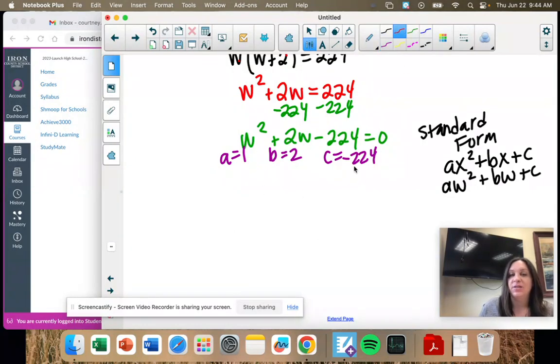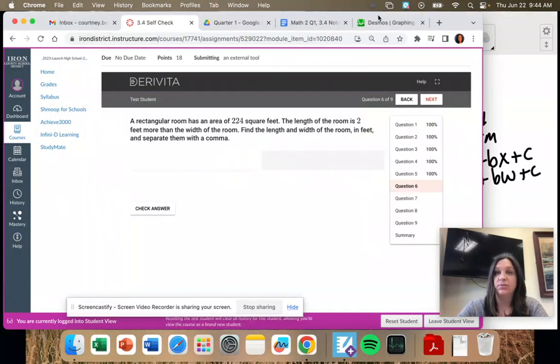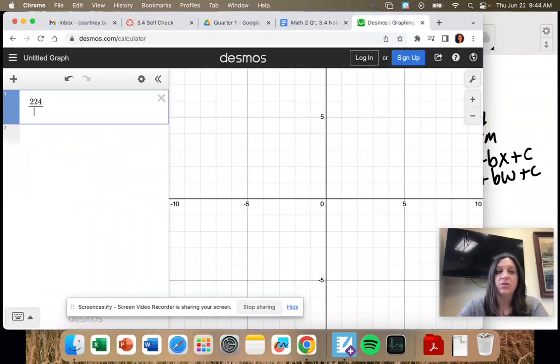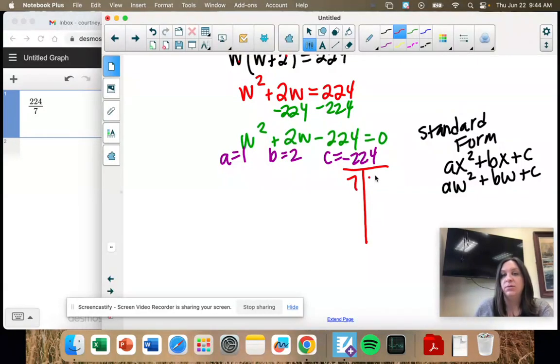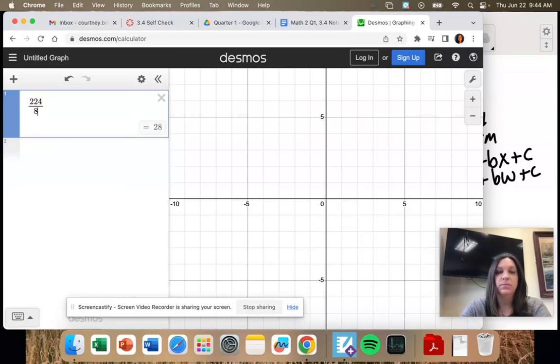We like when a is 1 because we're just looking at factors of c that add or subtract to 2, to b. So 224, I'm not going to write them all out. We have 7 and 32. We still have a ways. 8 and 28.